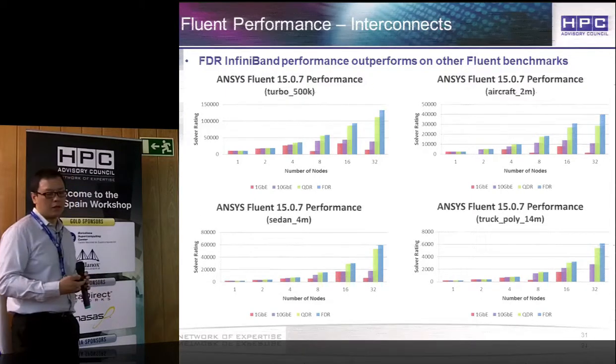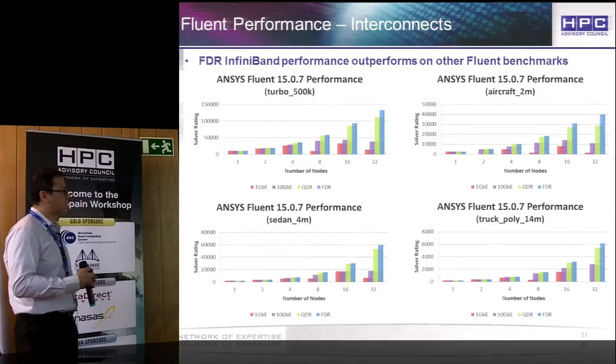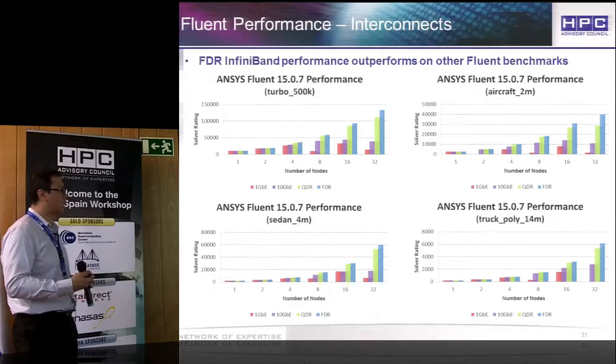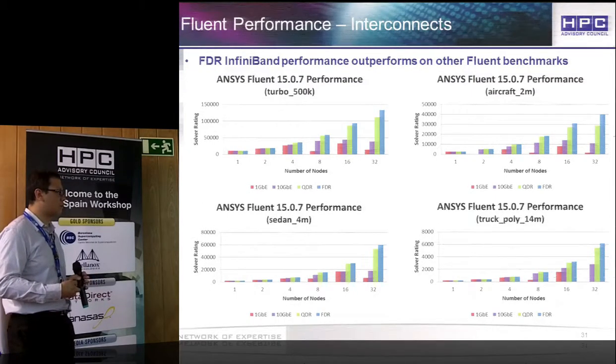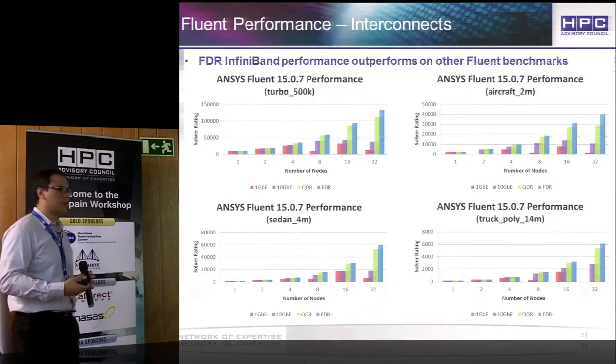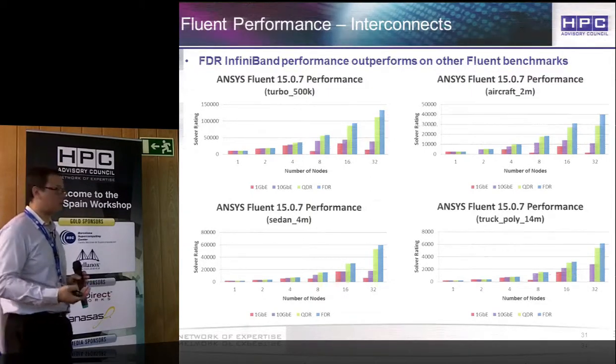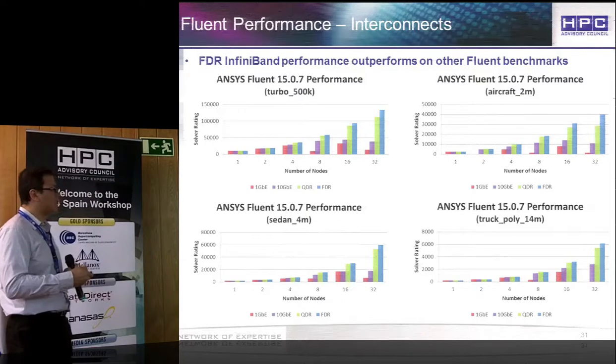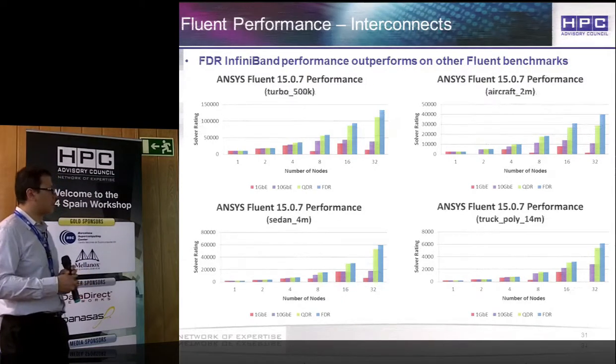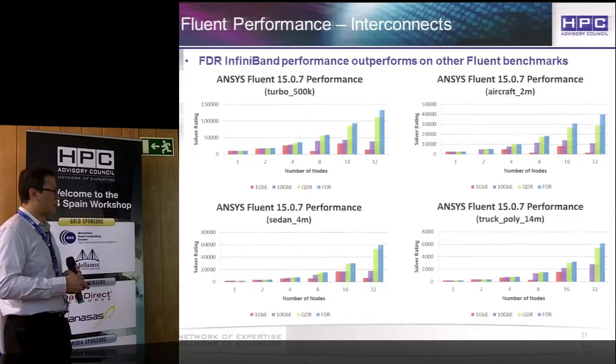We tried different test cases like Turbo 500K, 2 million, and 4 million. The number is the number of cells in those test problems. Similar behavior is seen with the different problems, so FDR InfiniBand definitely outperforms the other interconnects.